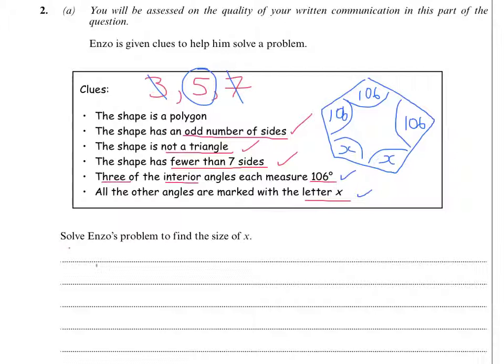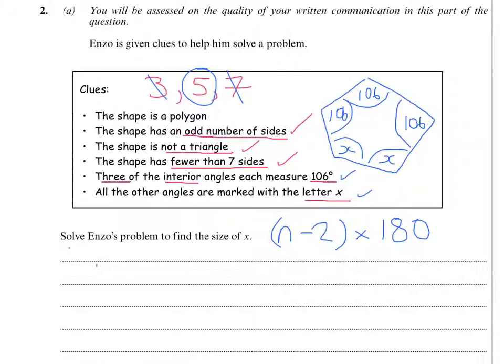So what I need to know now is, in a 5-sided shape, what do my angles add up to? I need to use my R from my acronym to recognize what area of maths I'm looking at. So I'm looking at the sum of the interior angles in a polygon. To work that out, my formula is n minus 2 times 180.